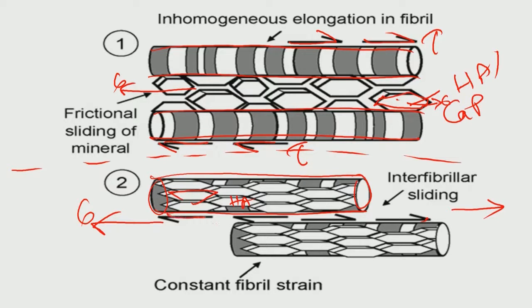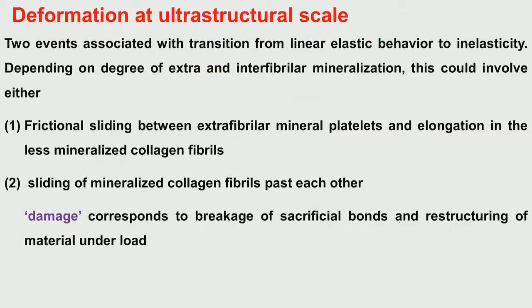So, automatically there will be interfacial sliding, which will allow collagen bundle 1 to slide over collagen bundle 2, and therefore, this will have a very constant fibrillar strain which will be experienced by the hydroxyapatite contained within this collagen bundle.